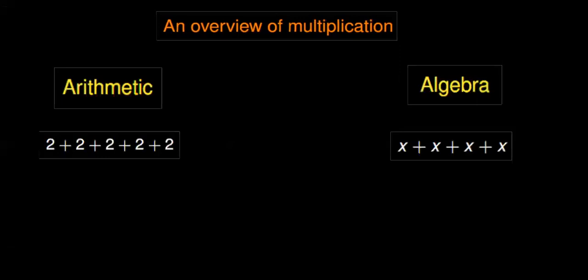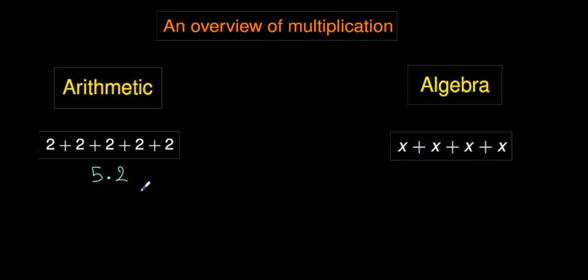About multiplication. Actually, multiplication is simply a shorthand for repeated addition. As you can see on the left-hand side about arithmetic, instead of writing 2 plus 2 plus 2 plus 2 plus 2, we can write 5 times 2.